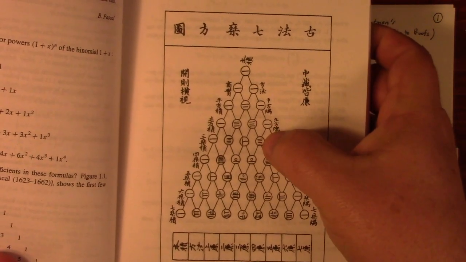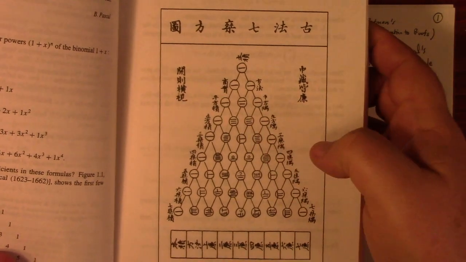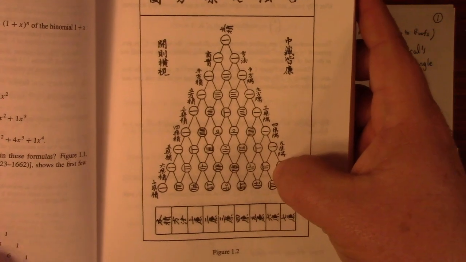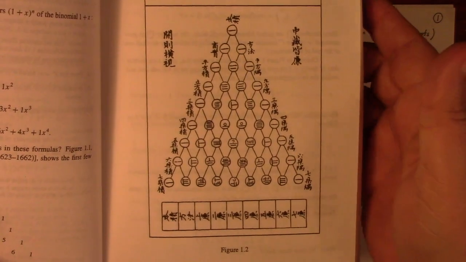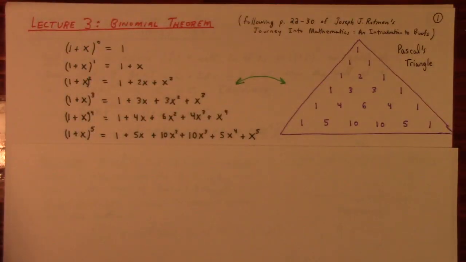3 plus 1, that's the symbol for 4. 3 plus 3, that must be 6. So that's kind of neat. You could learn some basic Chinese numbering just from staring at this for a bit. But cool. Anyway, that predates Pascal by a couple hundred years.